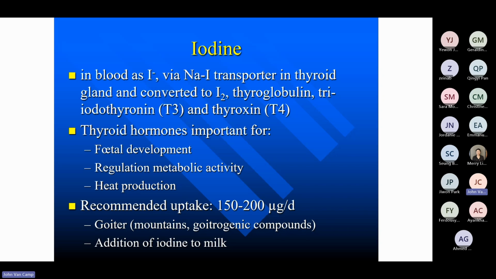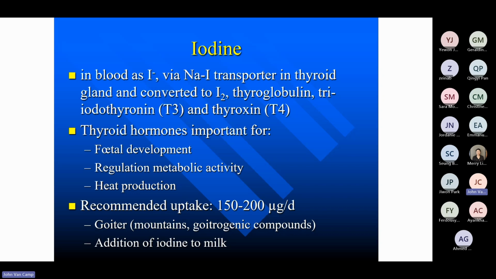It can be oxidized, converted into diode, or it can be combined with proteins, which are called thyroglobulins, into the so-called hormones, which are the thyroid hormones like triiodothyronine and thyroxine, the T3 and the T4, because T3 contains 3 iodine atoms and T4 contains 4 iodine atoms.